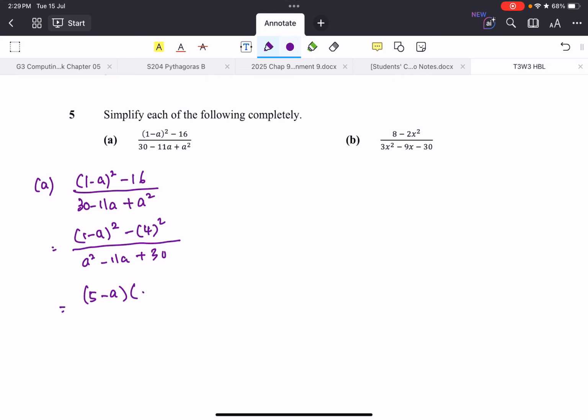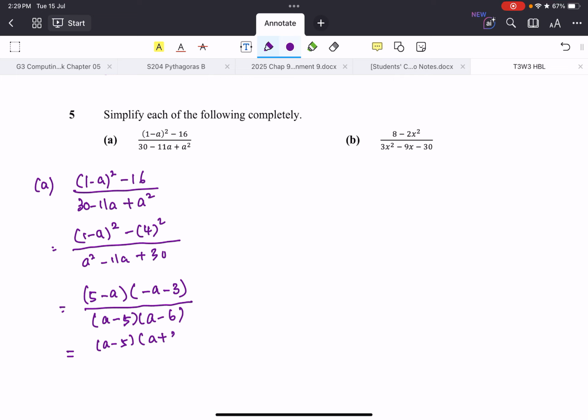and then we have negative a, negative 3, and then we factorize the denominator using the cross method, which will give us a minus 5, a minus 6, right? So what we can do is, the negative a, negative 3 over here, if I take out negative 1, I can flip the other one, which gives us a minus 5.